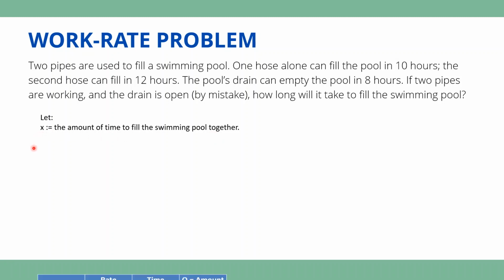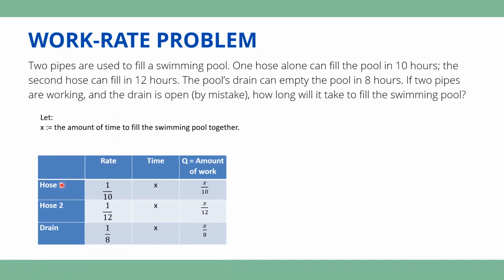So gawa po tayo ng ating table. We have our host 1, host 2, and the drain, and for our row, rate times time, which is equal nga po sa ating amount of work. Let's first have the column for our rate. Ang oras para sa first host natin is 10 hours, so ang rate niya per hour will be equal to 1/10.